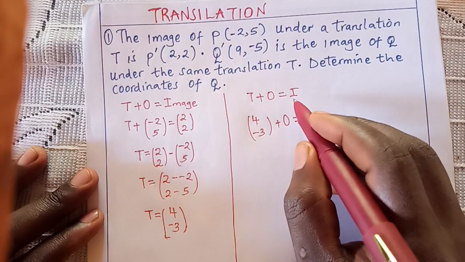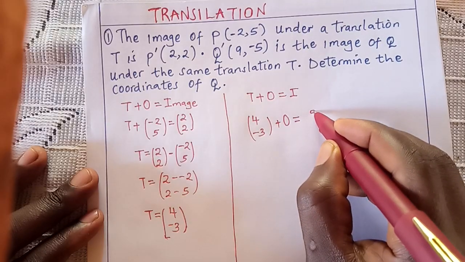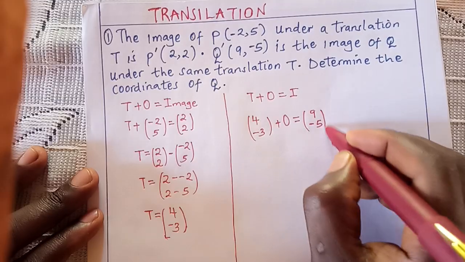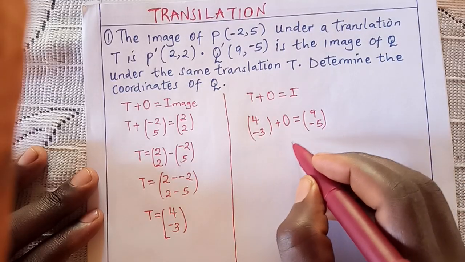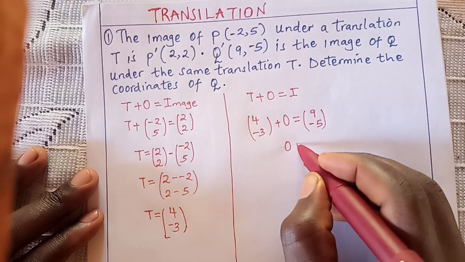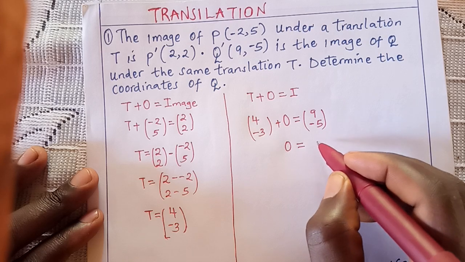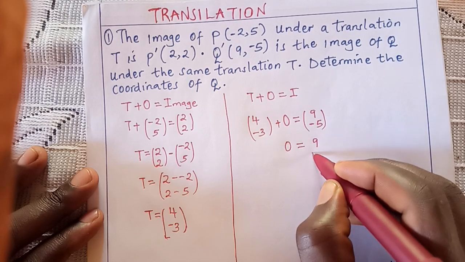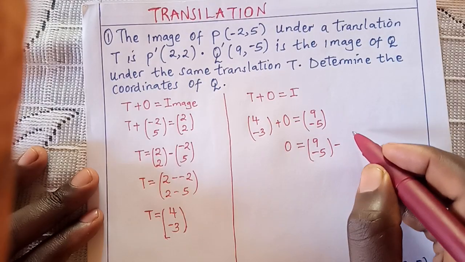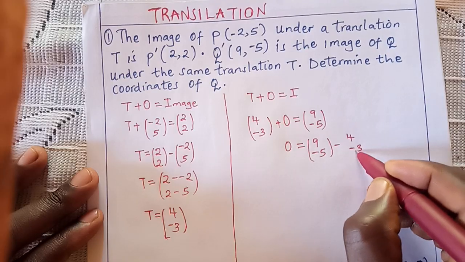We have the image coordinate, which is Q prime, and it is given by the coordinate (9, negative 5). So for us to be able to work out the object, we will take (4, negative 3) to the other side, and we are going to subtract from the image coordinate. Now we have (9, negative 5). We want to take away (4, negative 3).